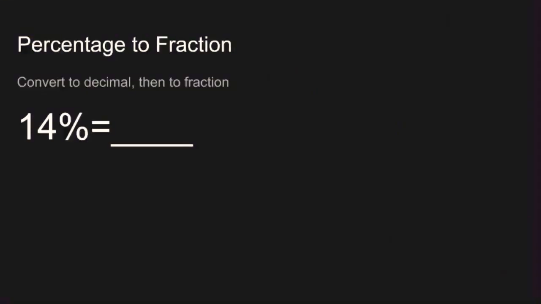Convert from a percentage to a fraction. There's 2 steps to this. First we convert to a decimal, and then we convert to a fraction. So remember, when converting to a decimal, we're just going to move this decimal place left 2 places. So 14% is equivalent to 14 hundredths. And then, remember, when we're converting to a fraction, we multiply by 100, so we can put 14 over 100.